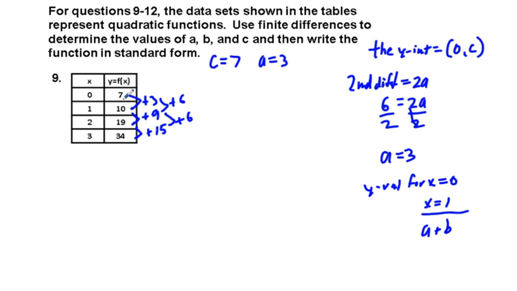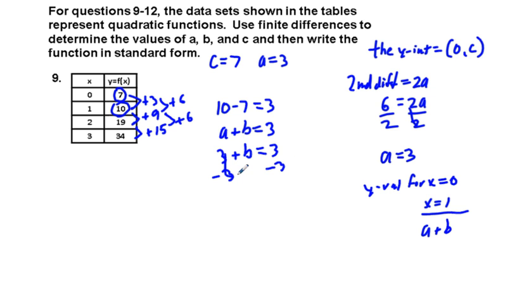We have the y values where x equals 1 and x equals 0. So that's going to be 10 minus 7, which is 3. So we could say a plus b is equal to 3. Well, we already know that a is equal to 3, so 3 plus b is equal to 3. Subtract out 3, so b is equal to 0.